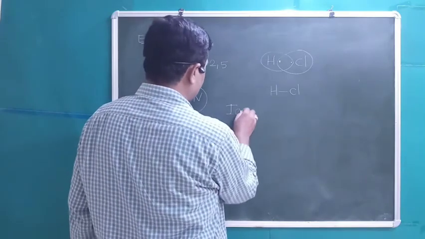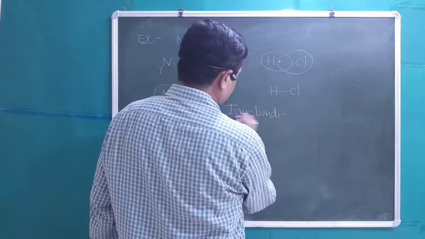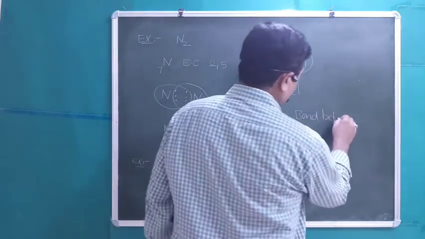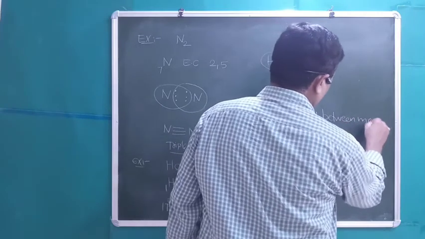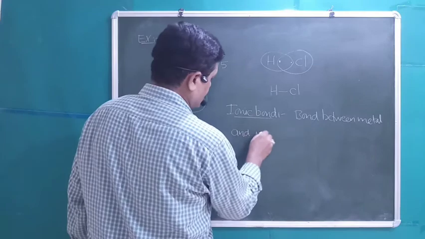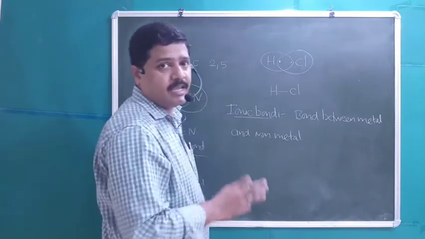Now let us discuss the ionic bond. A bond between a metal and a non-metal is an ionic bond.